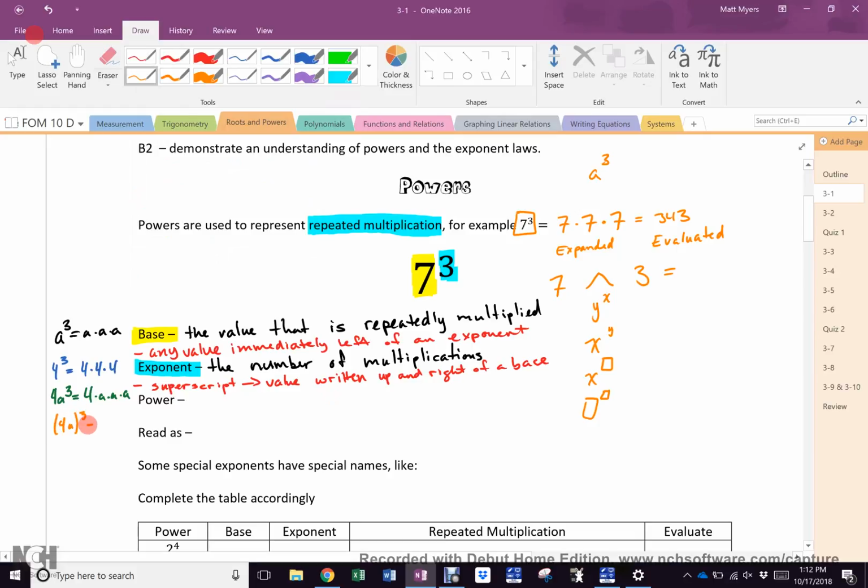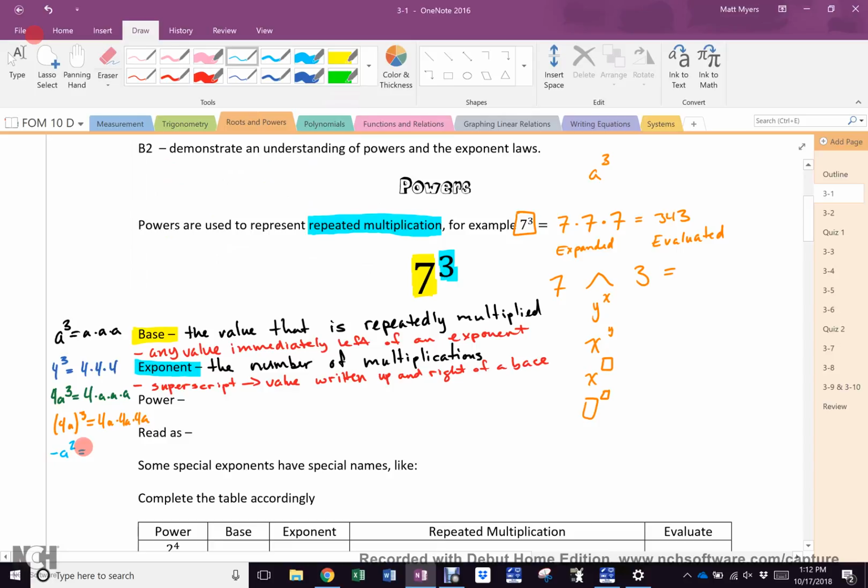All right. The orange line, 4a cubed. Now what's the base? 4a. So what repeats? 4a times 4a times 4a. Everybody good? The light blue line, negative a squared. What's the base?